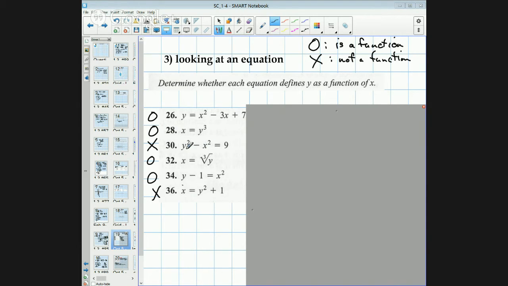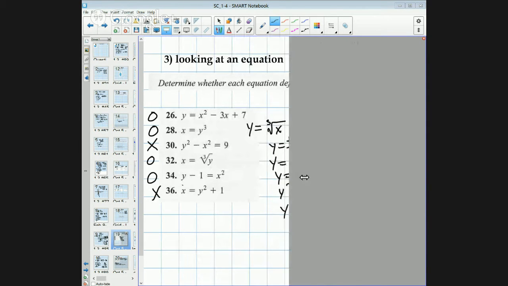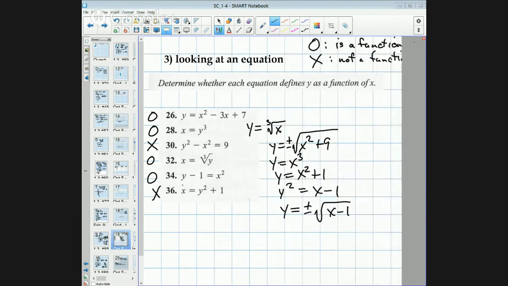And every time you take a square root, you have to take both square roots, and you end up with the telltale plus or minus. That's a dead giveaway that instead of only one answer for every x, this one is obviously going to have two, therefore not a function. Likewise, down here, the same telltale plus or minus.